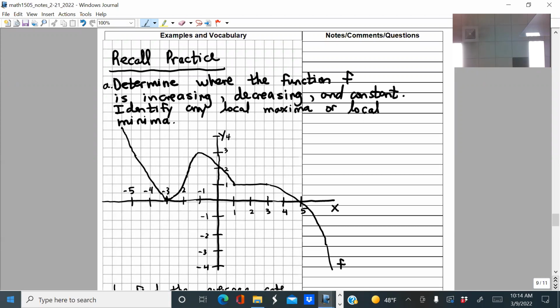Well, I also said identify the local maxima and local minima if there are any. But you can say that for last, after I've identified where it's increasing, where it's decreasing.